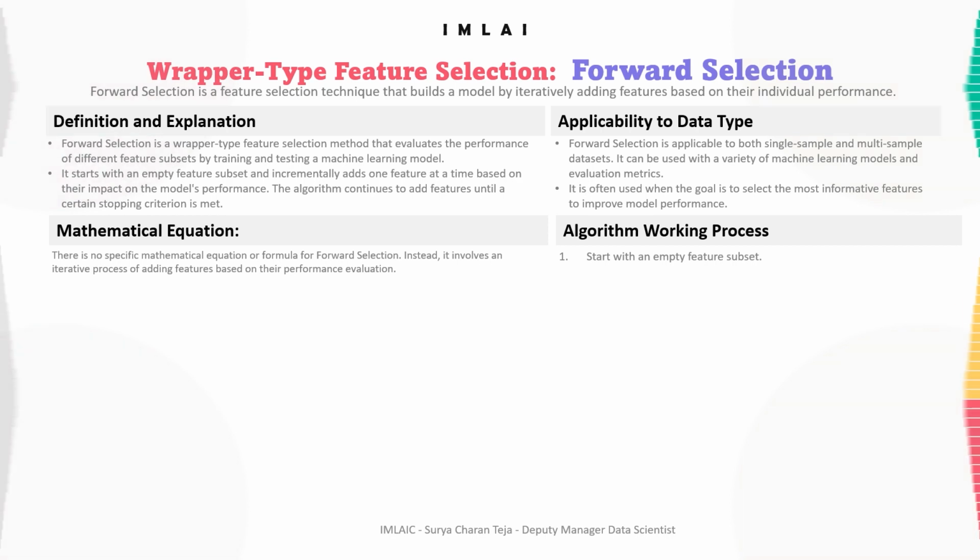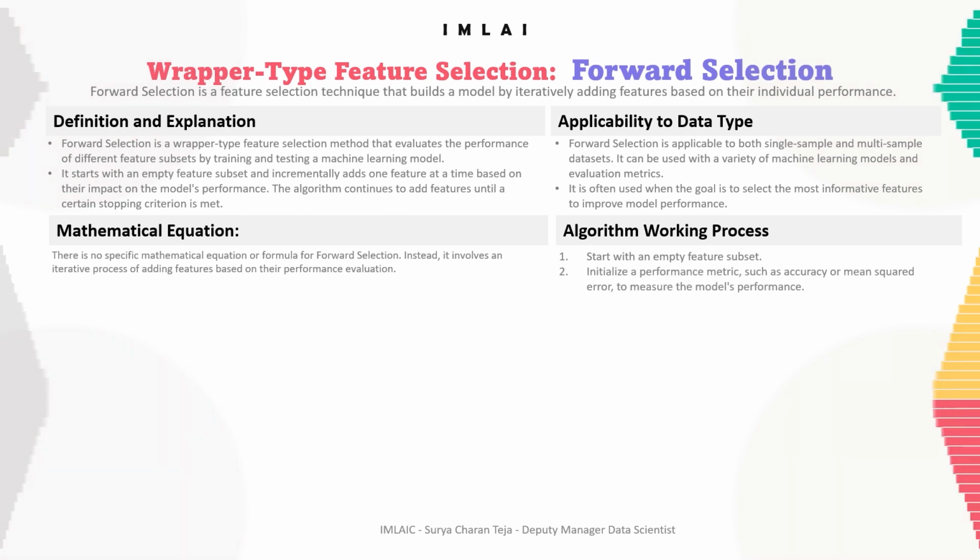Then step 2 is to initialize a performance metric such as accuracy or mean squared error to measure the model's performance. Then step 3 is to iterate through all available features not yet included in the subset.